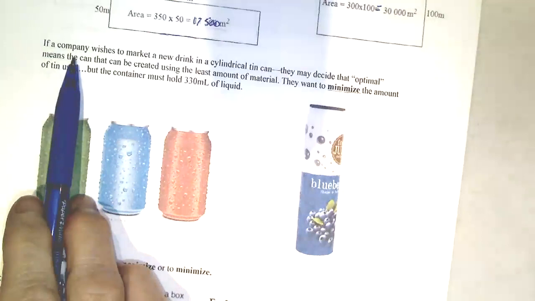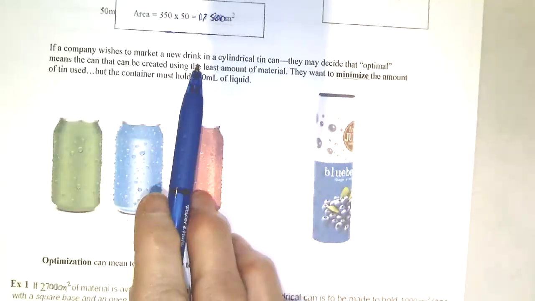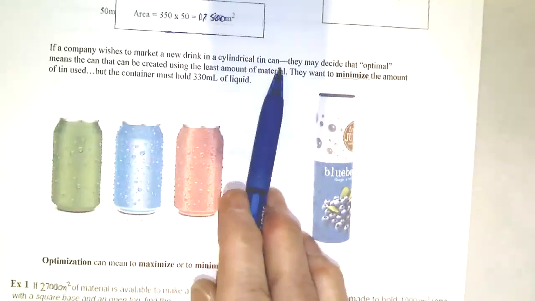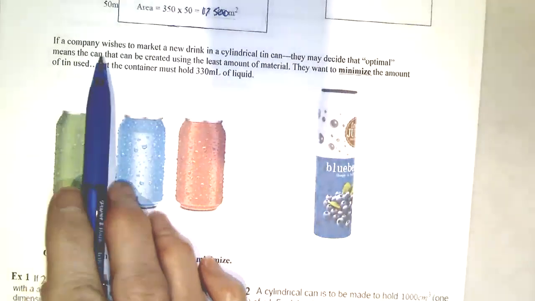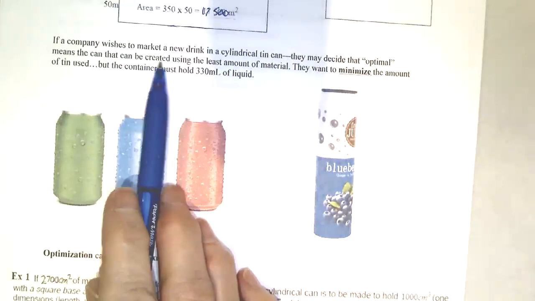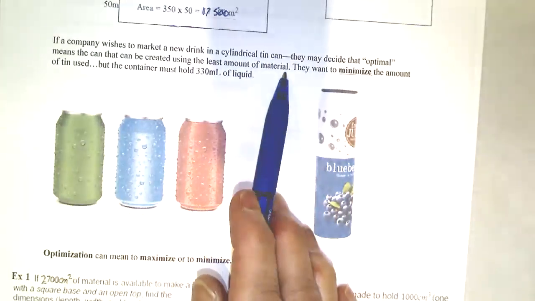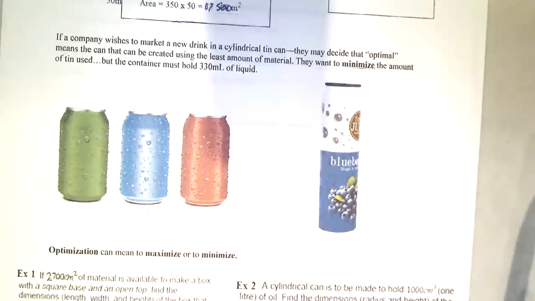Another situation where this idea comes into play would be, for example, if a company wishes to create a new drink and they want to use a tin can in the shape of a cylinder. For them, optimal might mean that they can create the can using the least amount of tin. The less tin, the cheaper it is to make it.